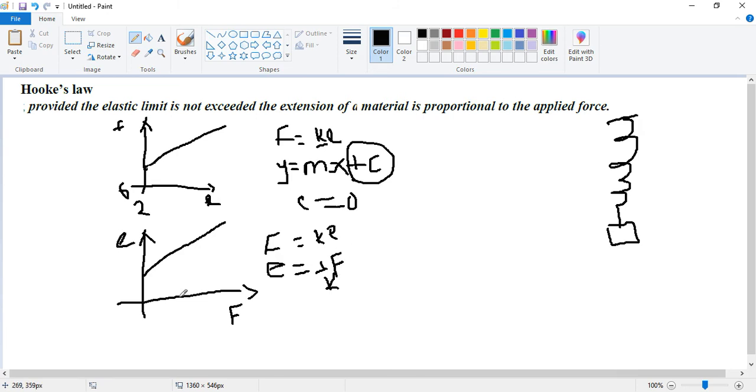If a graph of extension against F is plotted, it means the gradient is 1 over K, where K is the force constant, or the material constant.